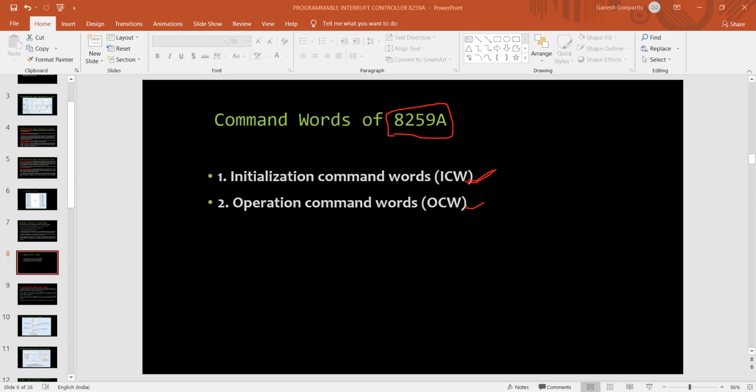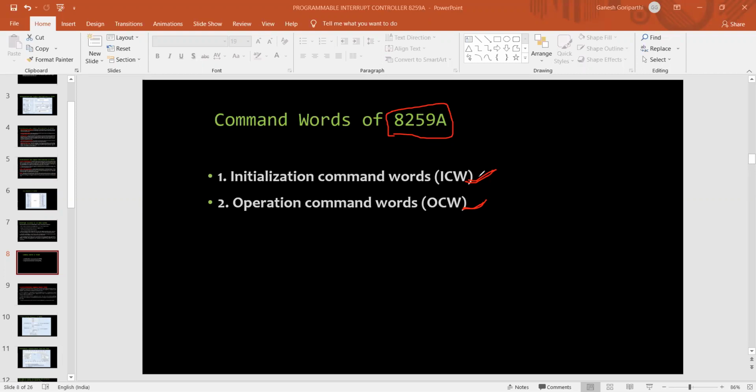Now, after initializing the 8259, we decide how it operates by the operational command word. That means after initializing the 8259 with all the required data, we have to decide in which mode the 8259 has to operate.